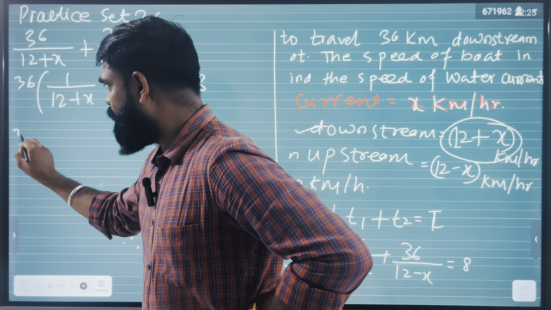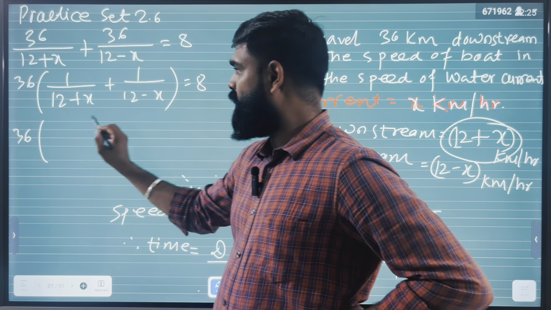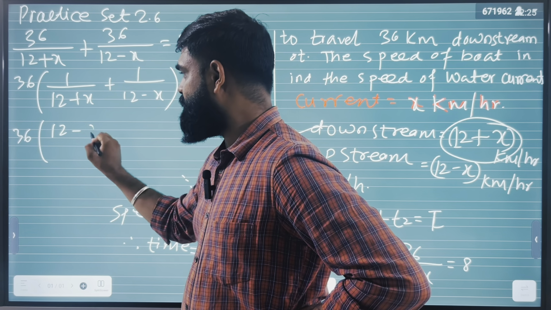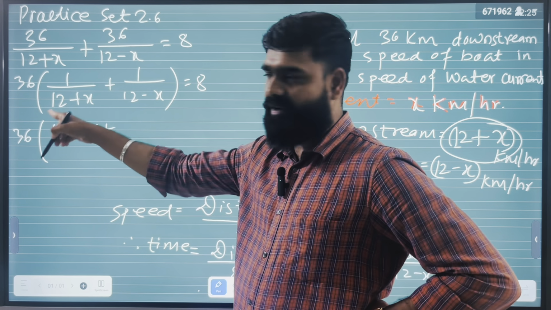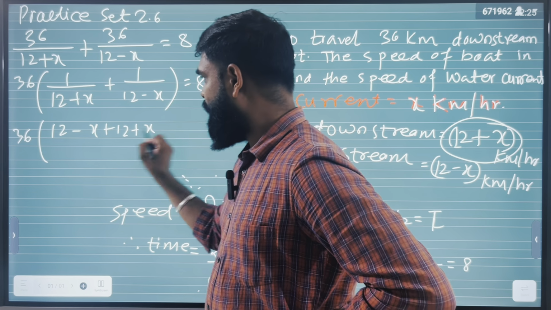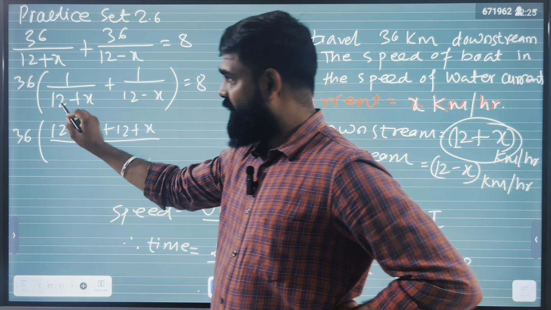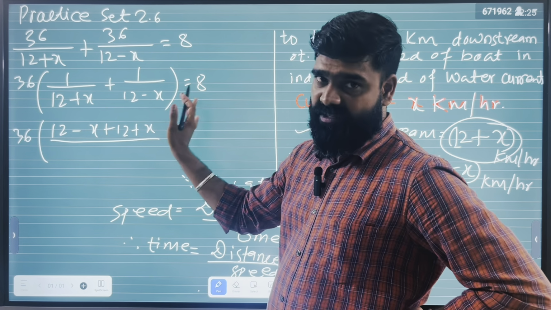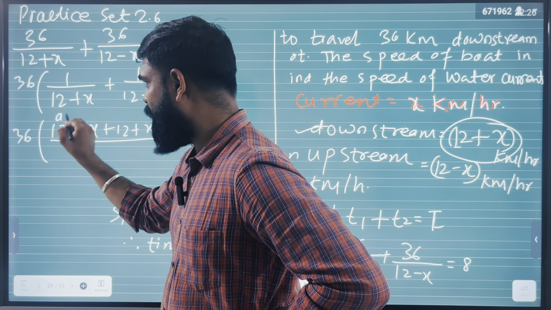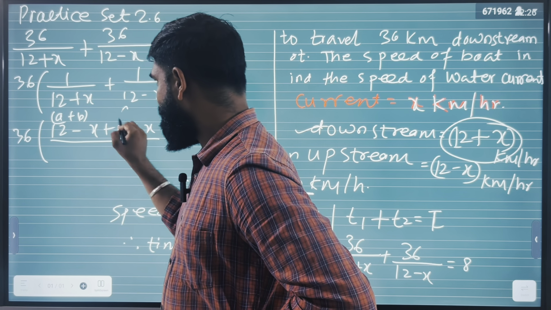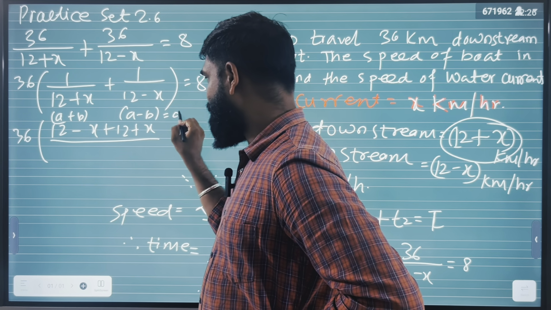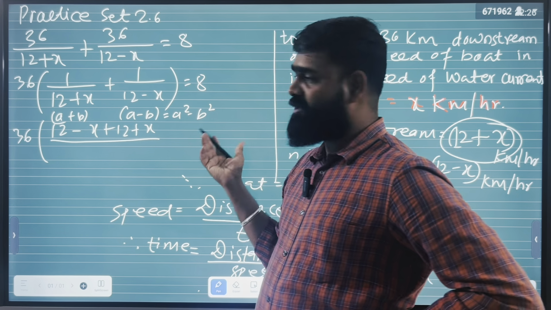Let us cross multiply this. This becomes 1 into 12 minus x plus 1 into 12 plus x, divided by 12 plus x into 12 minus x, which is in the form of a plus b and a minus b, so we can write a square minus b square directly.